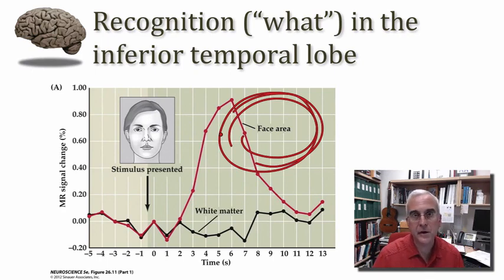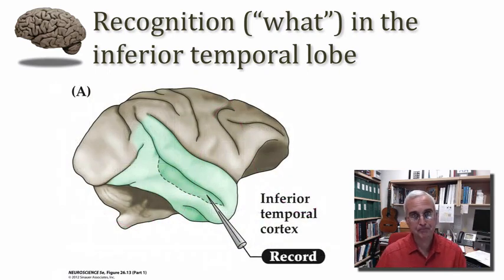Well, let's get back to the non-human primate model, because I'd like to show you some data that helps us understand why prosopagnosia would occur with damage to this part of the brain. Some years ago now, dating back to the early 90s, neuroscientists began to record from neurons in this inferior part of the temporal lobe.